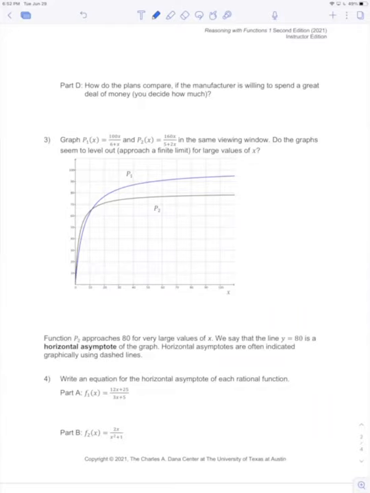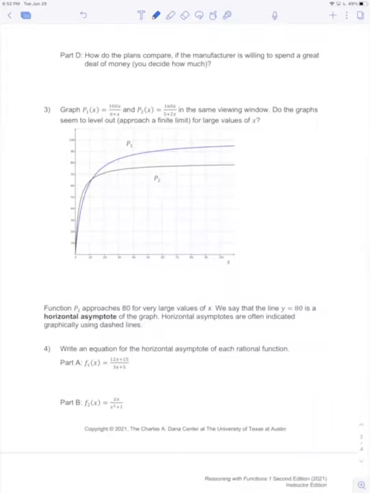So for part 4, it says write an equation for the horizontal asymptote of each rational function. If we look at part A, I'm looking at the leading terms, and I got 12x over 3x. If we get rid of those x's, this ends up being 4. So y equals 4.